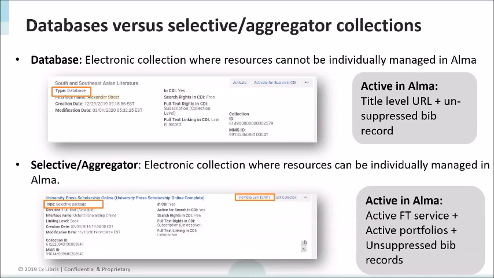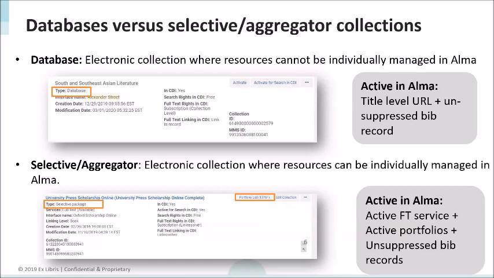This is a little bit different for databases versus selective or aggregator types of electronic collections. For databases, a database is active in Alma in case it has a database level URL and an unsuppressed BIB record. So this means the database is active in Alma.